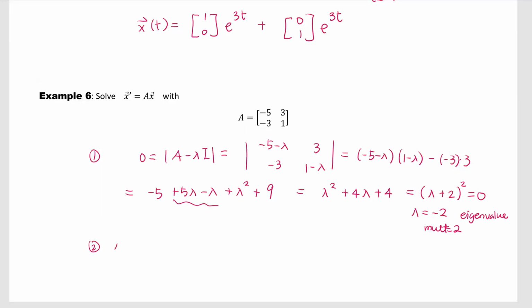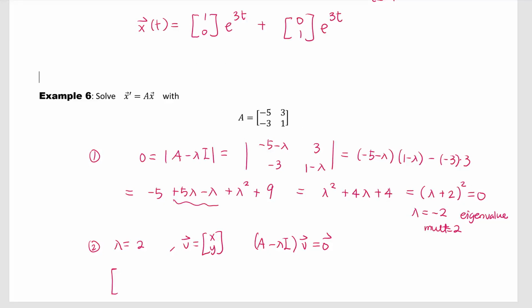So for that eigenvalue, what is the eigenvector? Well, we want to solve (A minus lambda I) times v is 0, right? And what is A minus lambda I? Well, we subtract lambda from the diagonal.